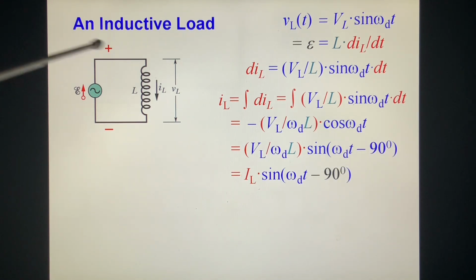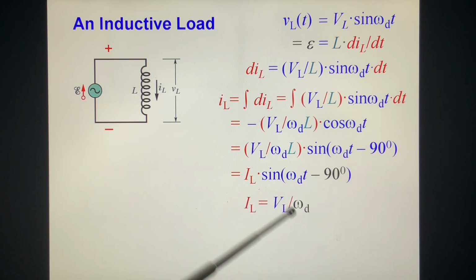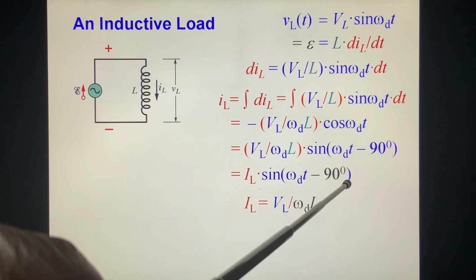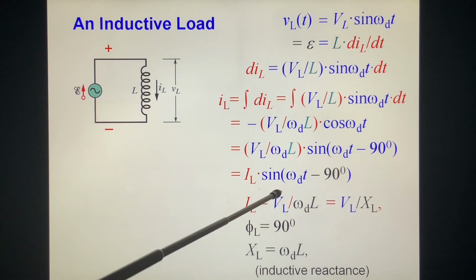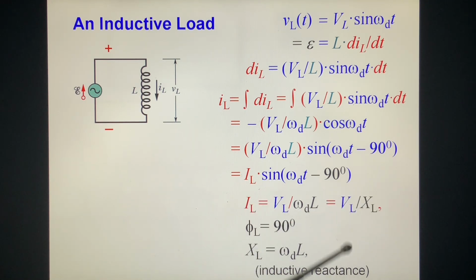So in this case, inductive load, we see IL is VL over XL, and phi is 90. And we set the XL equal to omega L. We call it inductive reactance. And then we found VL equal to IL XL, like Ohm's law.